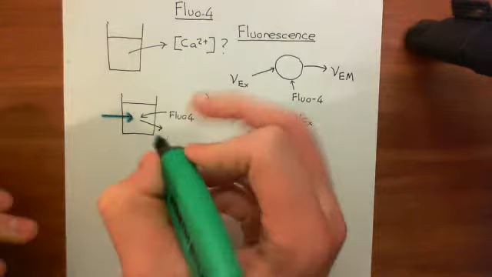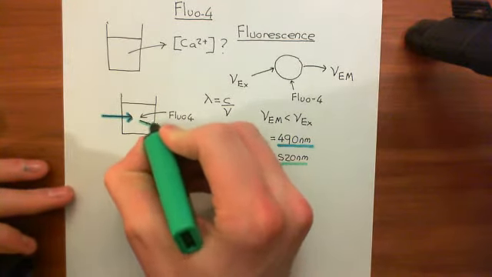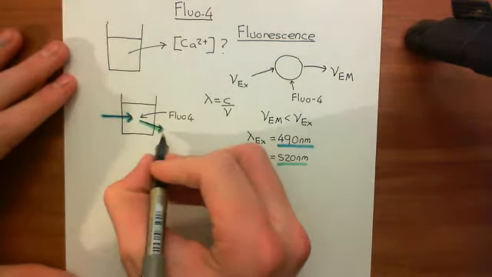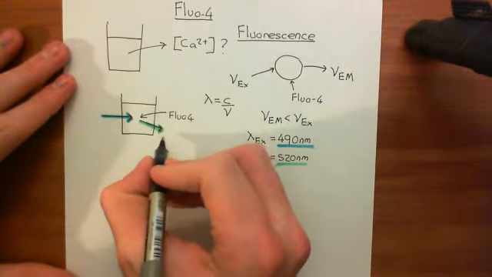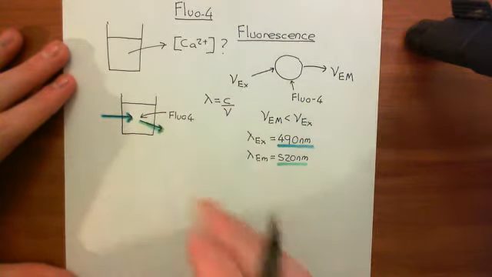I can now detect this green light basically. I can detect the intensity of the green light coming off, and I can get some readout for the intensity of the green light that is being produced by this Fluo-4 containing solution.